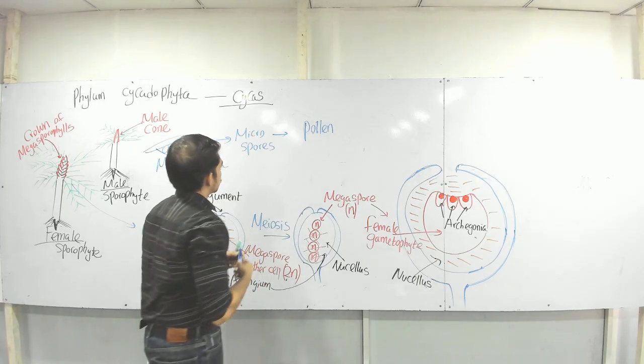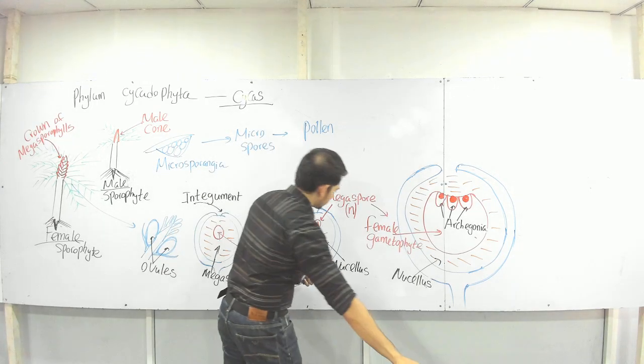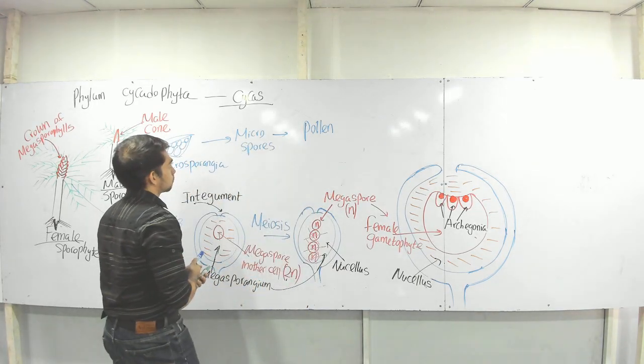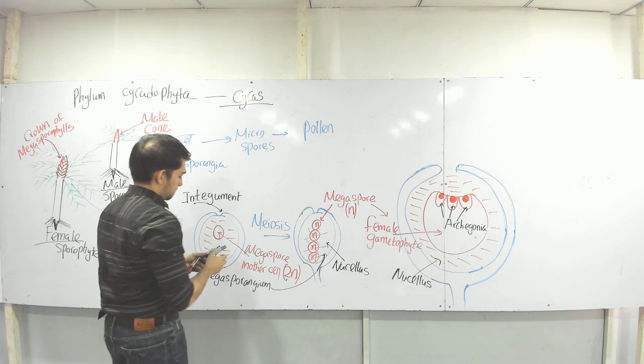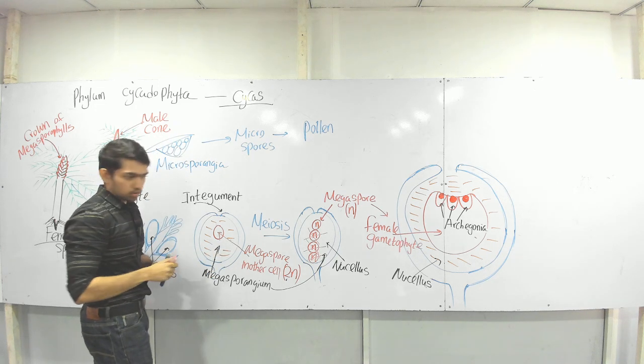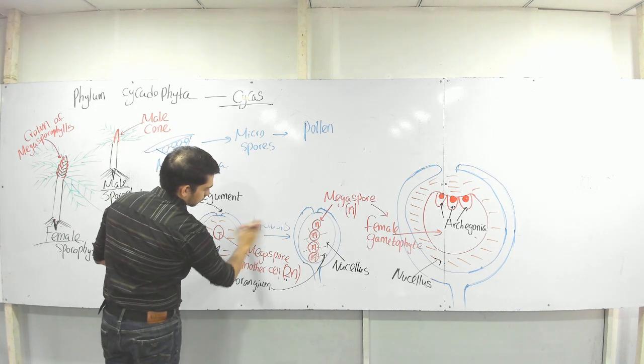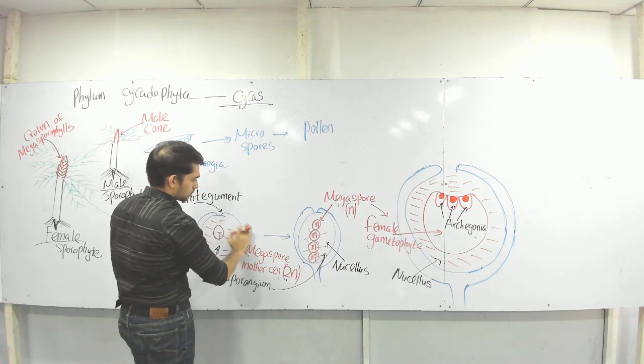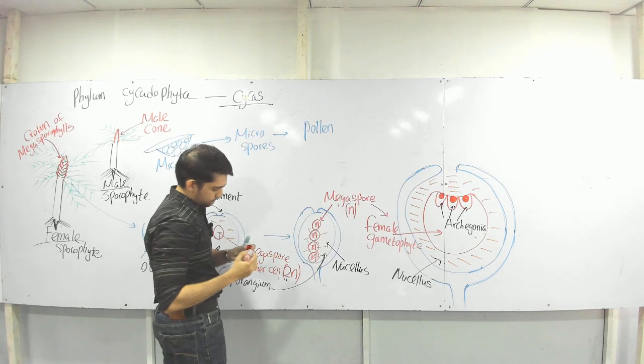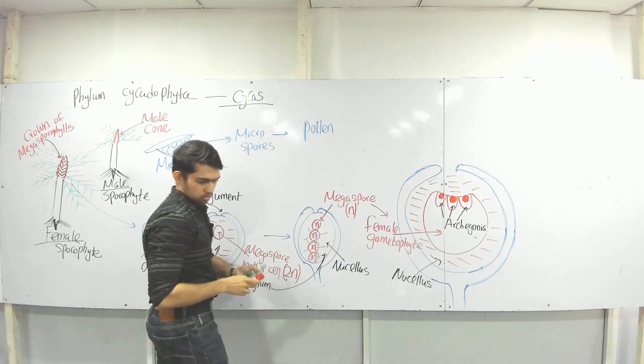Microspores are produced by what cell division? Meiosis. So we'll write it in this same color, maybe black.